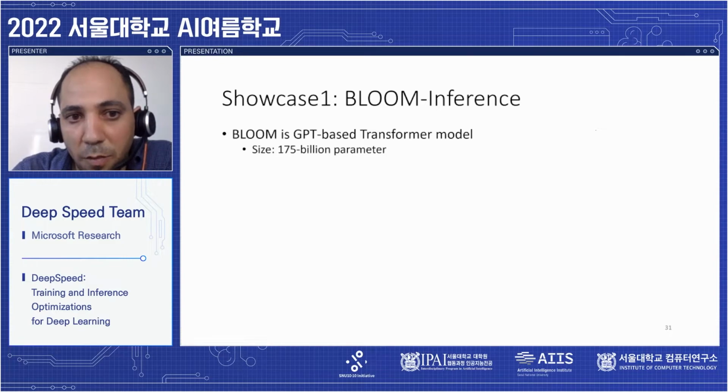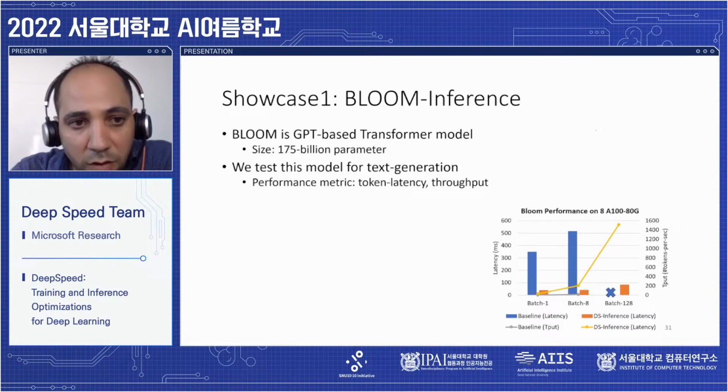Bloom is a GPT-based transformer model that has been released as part of the BigScience project, and it has 175 billion parameters. To test this model, we use the text generation application, where we insert a prompt and generate as many tokens as we want.